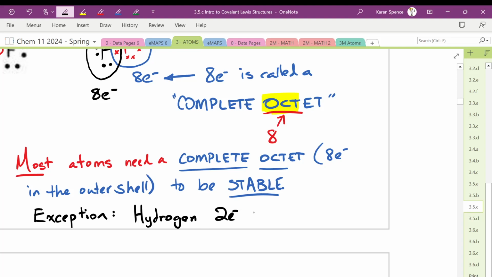Two electrons fill up shell number 1. So most atoms need a complete octet. The exception is hydrogen, which only needs 2. So everybody needs 8 except for hydrogen, which needs 2. We will learn some other exceptions later on, but for today, hydrogen is it.